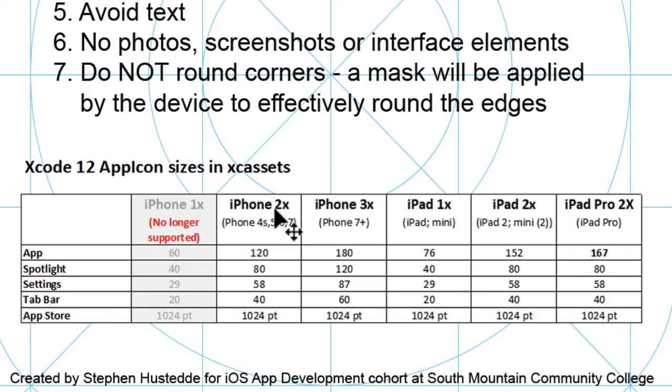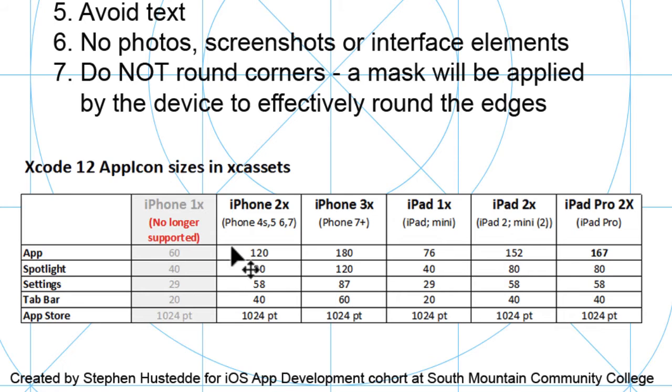And then down here, I also demonstrate the different sizes that are needed for the different types of devices. So in the App Store, they want 1024 regardless of the device you're running on. But then on the various devices, we have an app size, and then a spotlight, settings, and tab bar where those icons are also used, and those are scaled down. The original iPhone at 1X is really no longer supported.